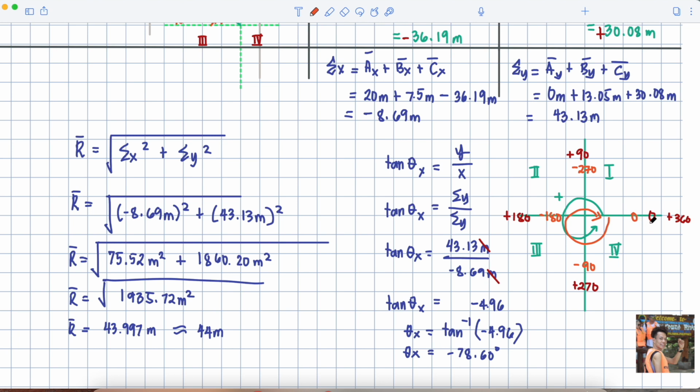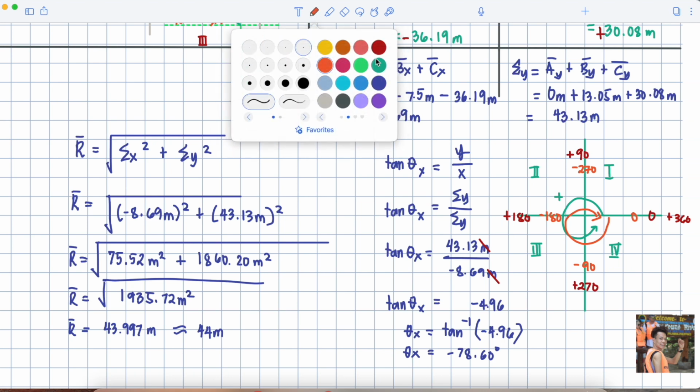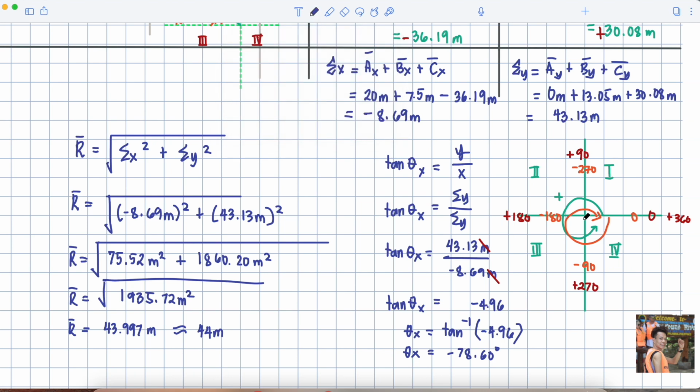So where is negative 78 degrees? Our negative 78 degrees is found right here, wherein the measurement of the angle from 0 is 78 degrees.